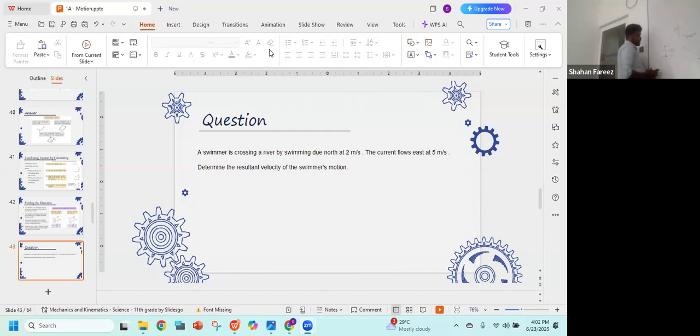So in this case, this is 2, this is 5. Then what is this equal to? Square root of 5 squared plus 2 squared, isn't it? So that is 25 plus 4, which is 29. So square root of 29 is the value of this, which is close to 5 point something, right?